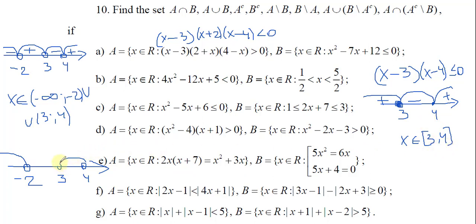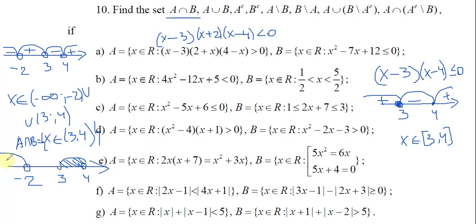So the intersection of A and B is from 3 till 4, and this one is not included. X belongs to 3 and 4. This is A intersection B, such kind of x from 3 till 4.